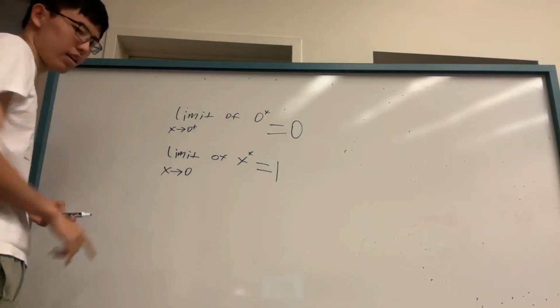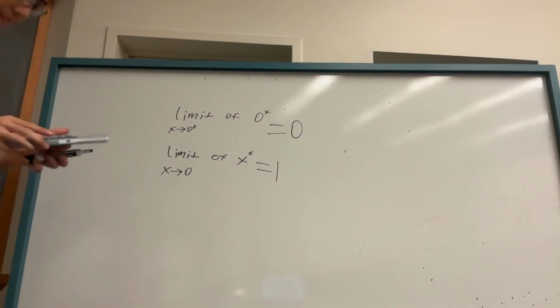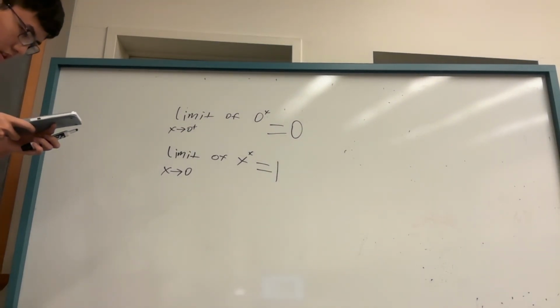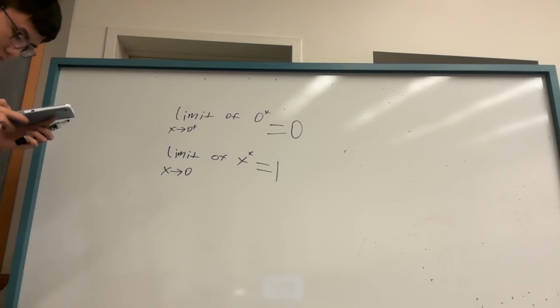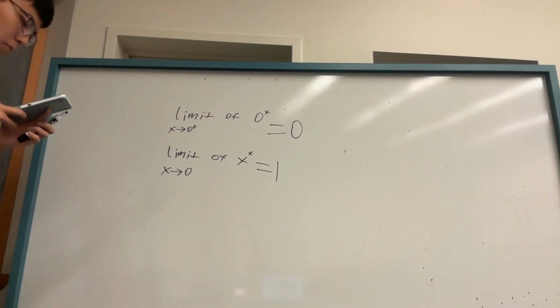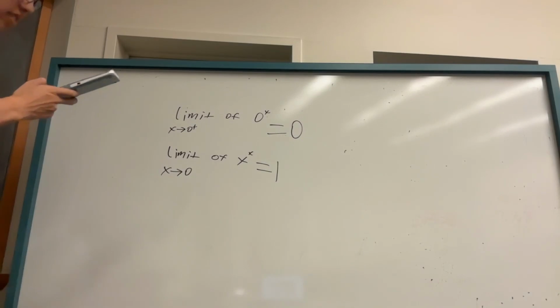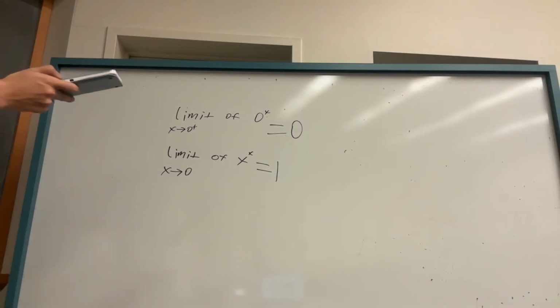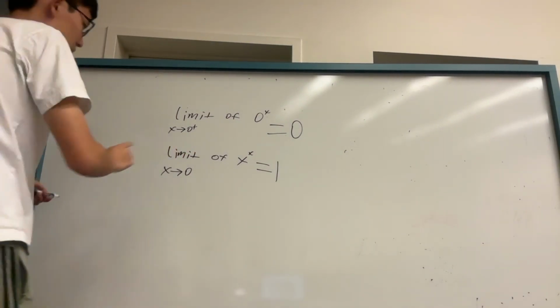If you don't believe me, you can type it in a calculator. We can do 0.001 to the power of 0.001. It's pretty darn close to 1. It's 0.99. So the limit is 1.